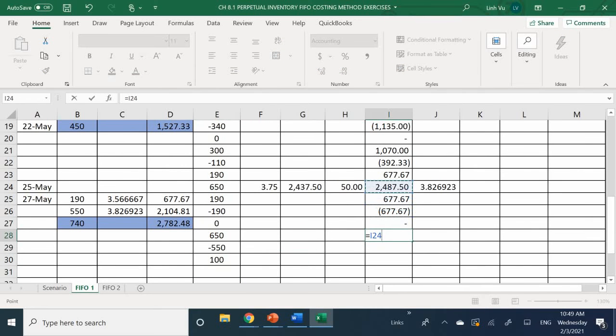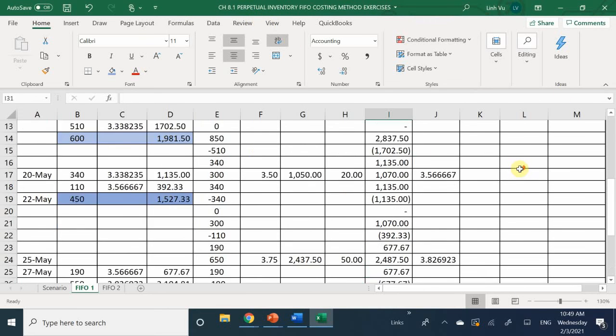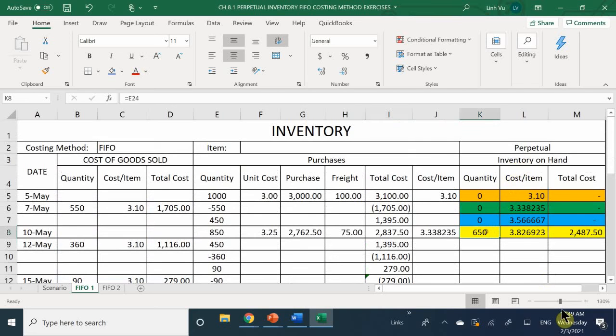The value at the end of the day should have been 100. And if I go ahead and do this and I subtract this all out, I should have $382.69, which if I go up here and type in my 100, it should reflect the same.